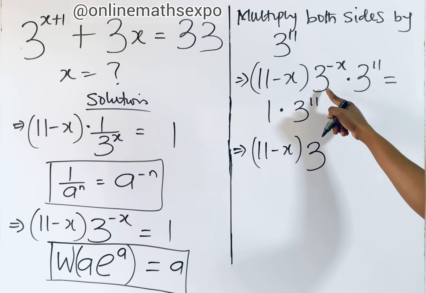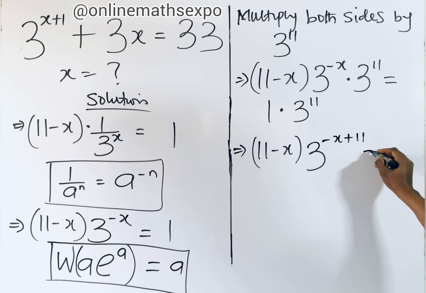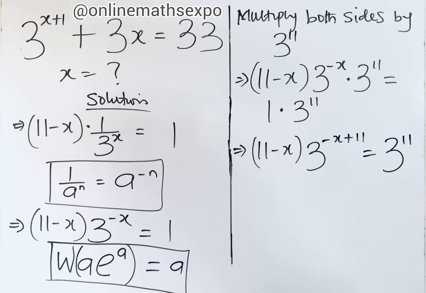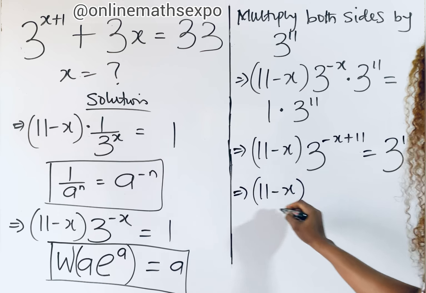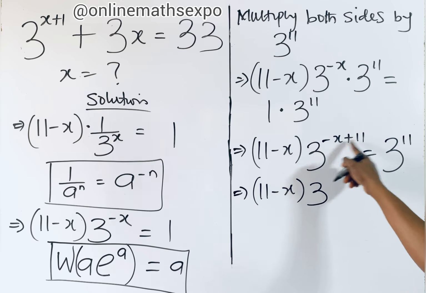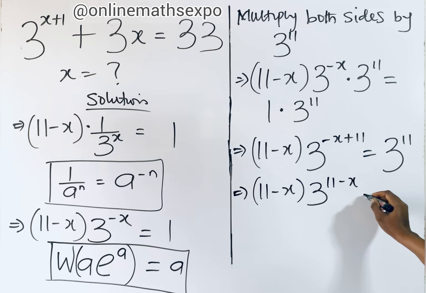So you can add the powers because the bases are the same. So this what we have is equal to 1 times this gives us 3 to the power of 11. Interesting. Now what do you do? This can also be written as 11 minus x, 3 to the power of 11 minus x is equal to 3 to the power of 11.